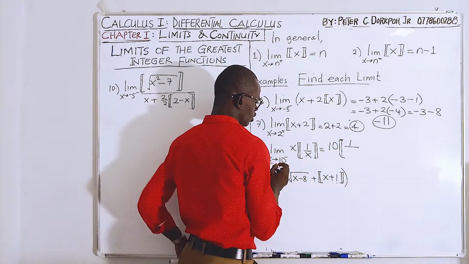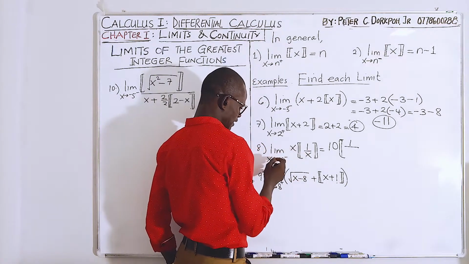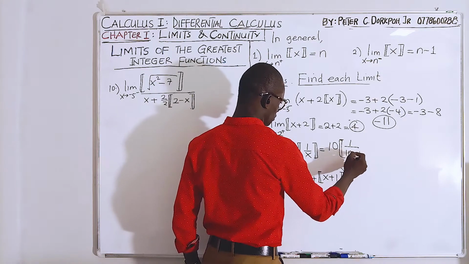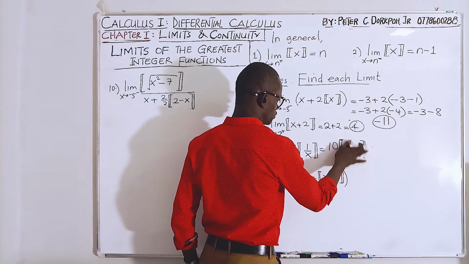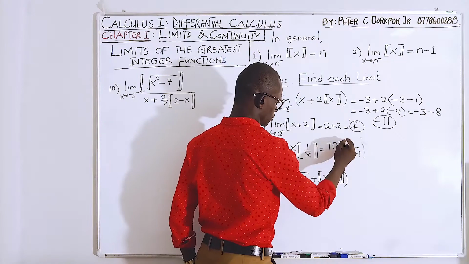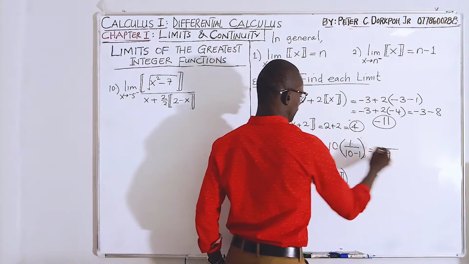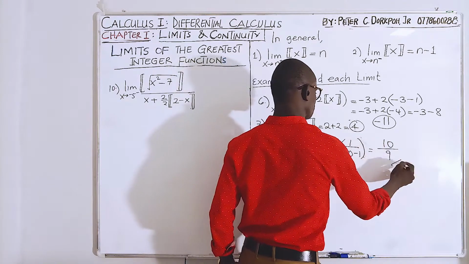The greatest integer of x as x approaches 10 from the left is just equal to 10 minus 1. Now we do not write the greatest integer symbol any longer. So 10 minus 1 is 9, and then 10 times 1 is 10.